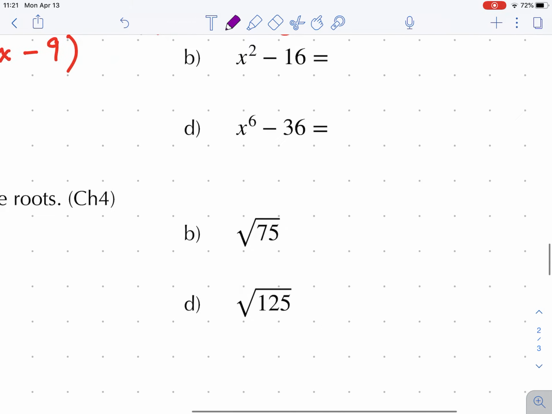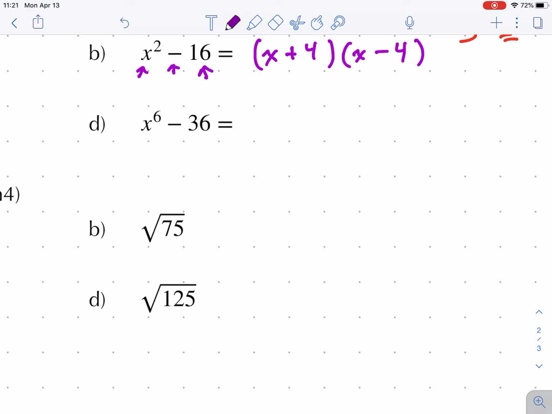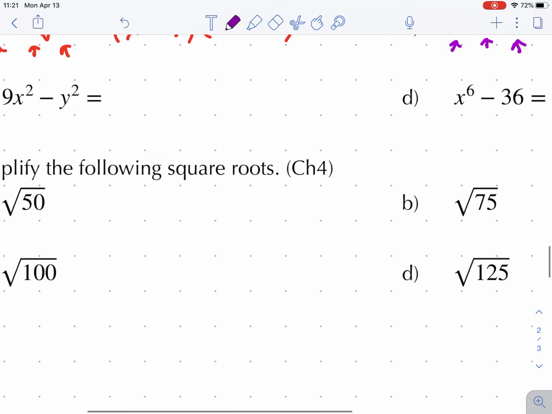All right, let's take a look at letter B. Again, difference of squares. So we put out our 2 binomials, plus minus. X will be our first term. 4 will be our second term, because x is the square root of x squared, and 4 is the square root of 16.